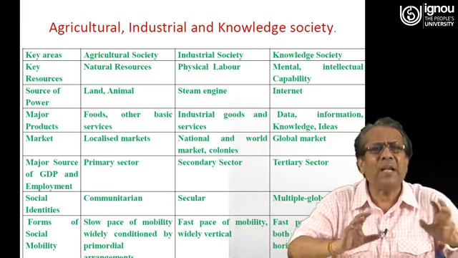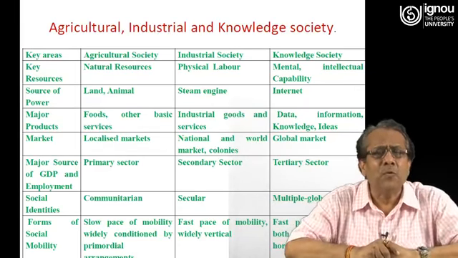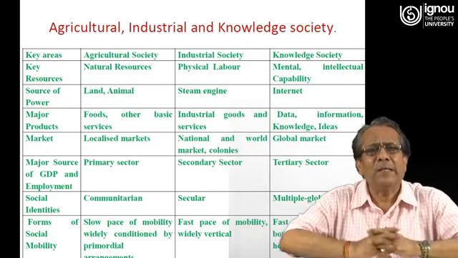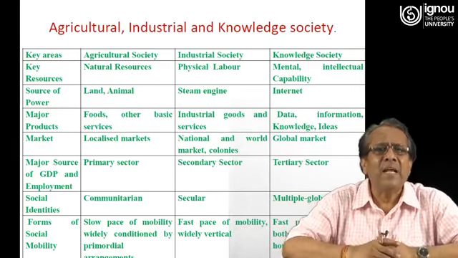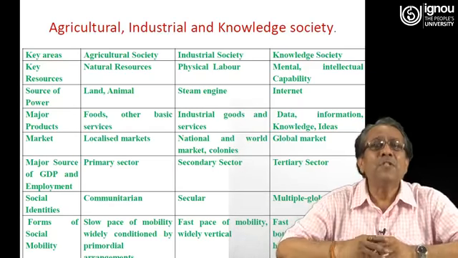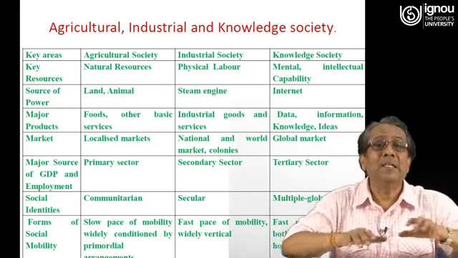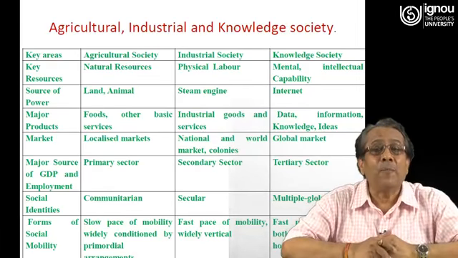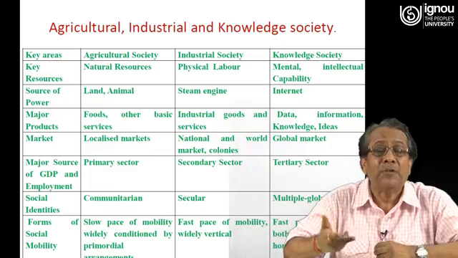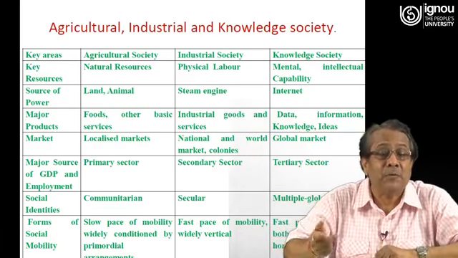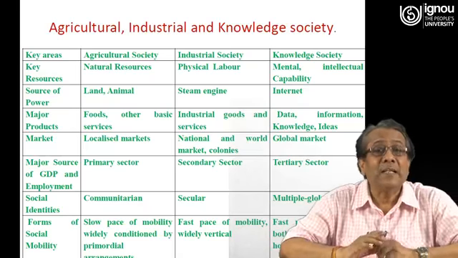Now, what is important to look into at this stage is that we talk about two kinds of knowledge. One is tacit knowledge, another is explicit knowledge. Tacit knowledge is that which is already available in a society, and explicit knowledge is that which is already available for use. One is the potential, another is the potential exploited for use.